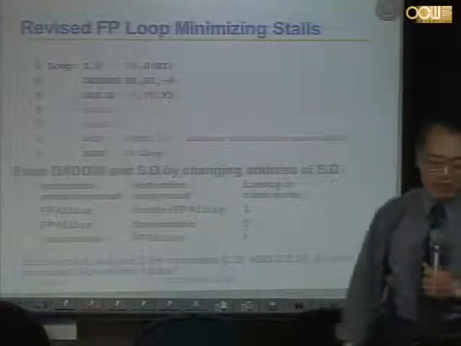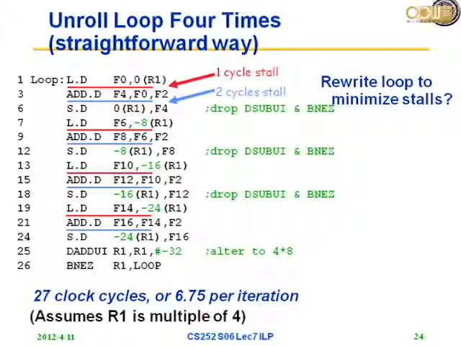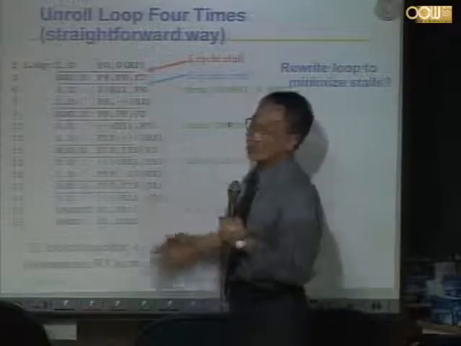Can we make our code faster? Oh yes, here we rewrite the loop to minimize stalls. We have unrolled the loop body 1, 2, 3, 4 times. Okay, with 4 times unrolling, there will be no more stalls needed.